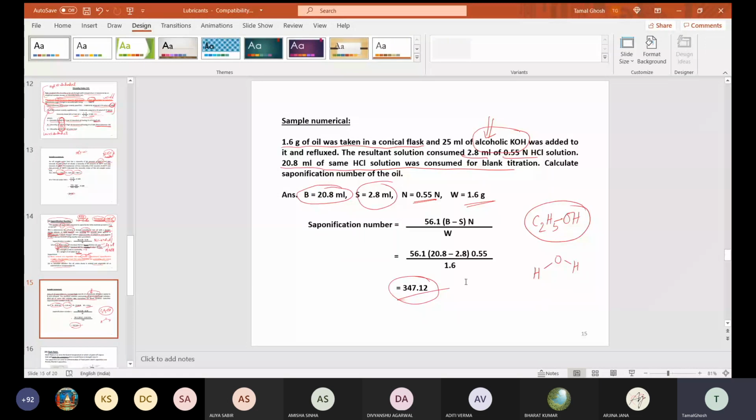That is correct, there is nothing wrong in that statement. But in this particular situation, it is not elimination. It is basically saponification that will take place.